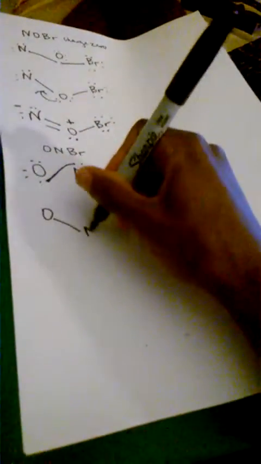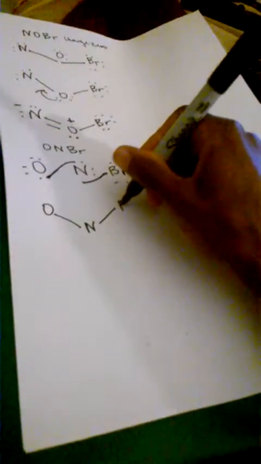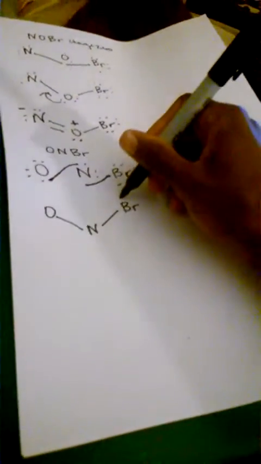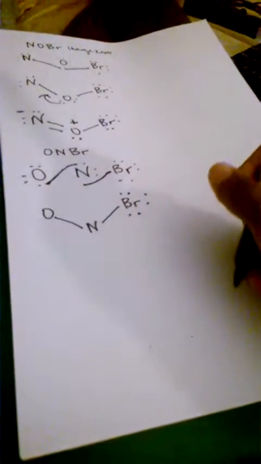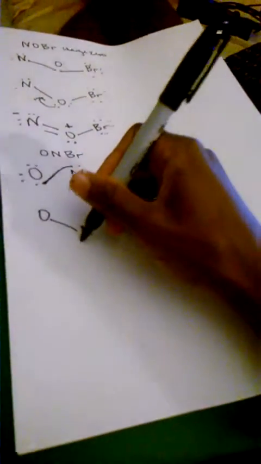So 1 bond between these 2 atoms, and then we're going to use an electron from both the nitrogen and oxygen to make another bond. And now this is our Lewis structure. All right, so again, bromine is going to be cool. It's already got its octet. And all the fiddling around we have to do at this point has to do with nitrogen and oxygen.